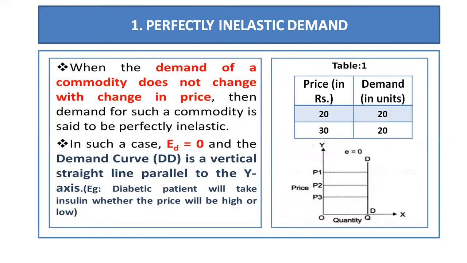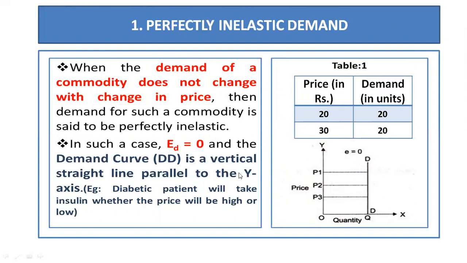So, perfectly inelastic demand. Here the coefficient value will always be equal to 0. When the demand of a commodity does not change with the change in price, then demand for such a commodity is said to be perfectly inelastic. For example, here price rises from rupees 20 to 30. The quantity demanded does not change, it remains unchanged.